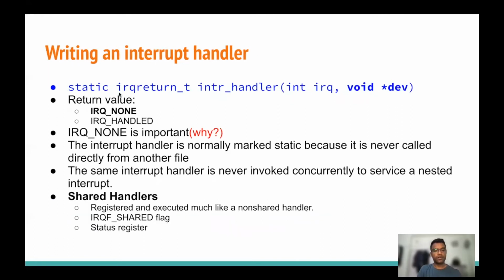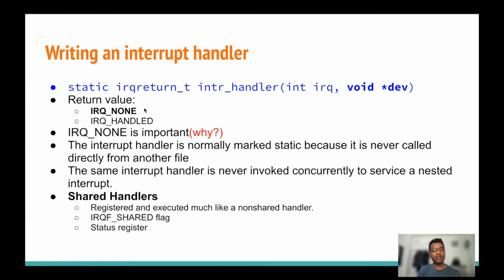The interrupt handler is implemented with the help of this function. It returns a specific IRQ return underscore T type value, and here also we specify the device pointer. If it detects that the interrupt was raised by a registered device, then it returns IRQ handled.